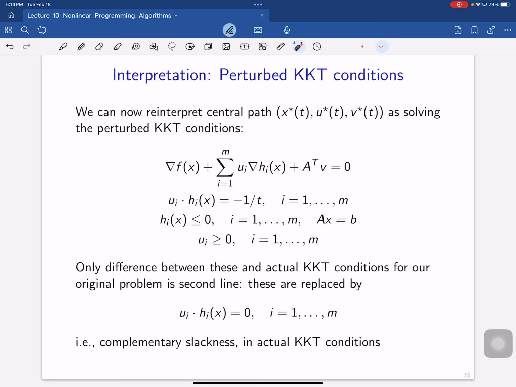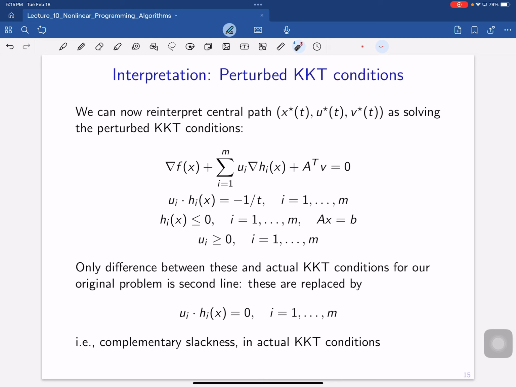So the complementarity condition is strictly 0, but if you take the primal and dual you construct from the log barrier problem, you will satisfy almost all the conditions of the KKT conditions, right? Except this complementarity condition, you are off by -1/t. Okay, you can check the primal and dual we constructed and compare it with the KKT condition here.